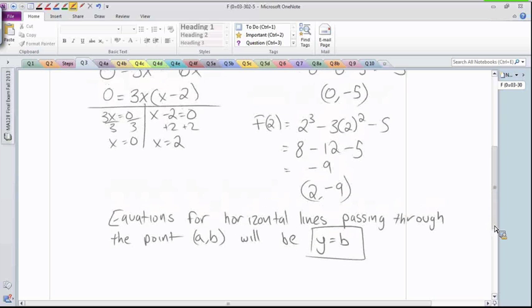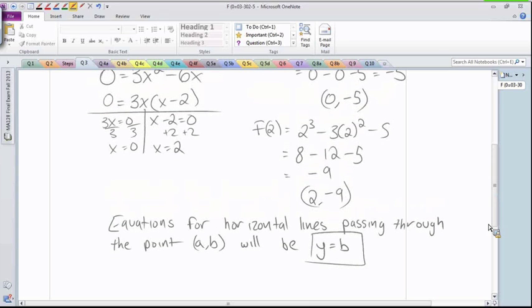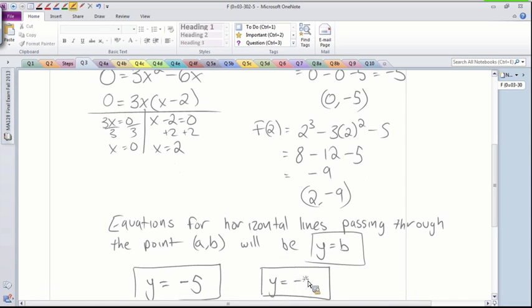So in this case, the horizontal line passing through (0, negative 5) will be y equals negative 5. We're just taking the y value. And we have 2 points, so we also have y equals negative 9. So those are the 2 equations of our horizontal lines.